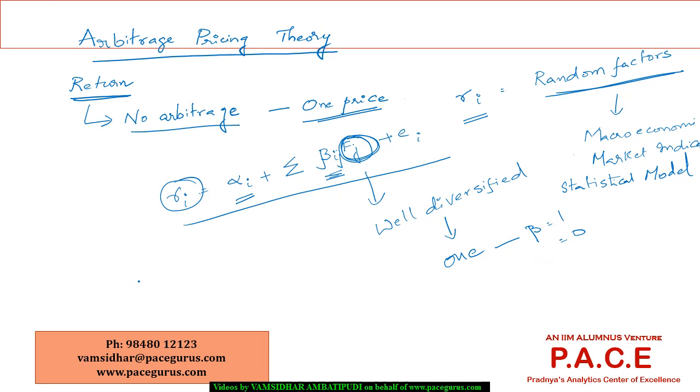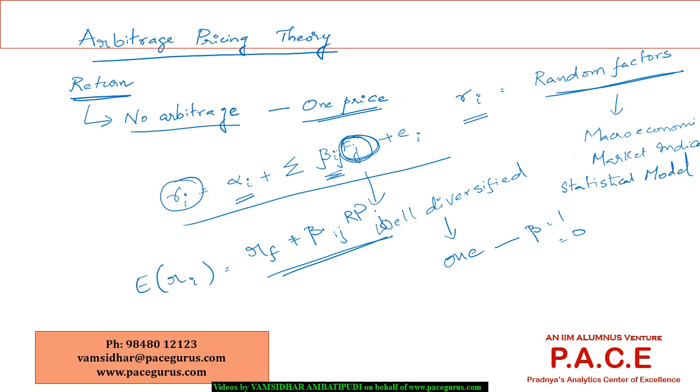So the expected return on the security comes out as the risk-free rate of return plus the betas with respect to each of the risk premiums. The betas with respect to each of the risk premiums overall give me the expected return.